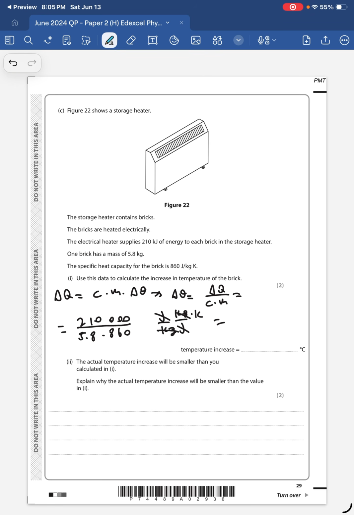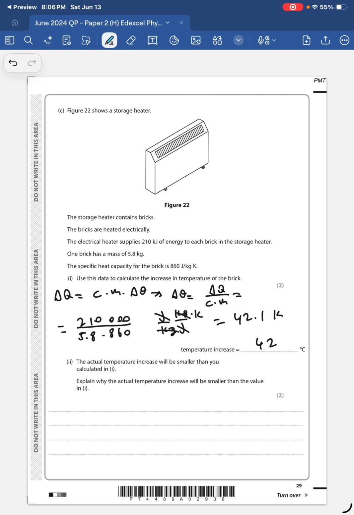So joules and kilograms cancel, and the answer is, okay, I have my calculator next to me to do this, 42.1 Kelvin, so 42 degrees Celsius.